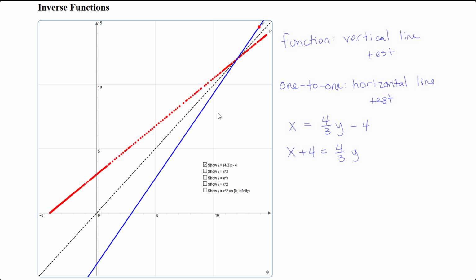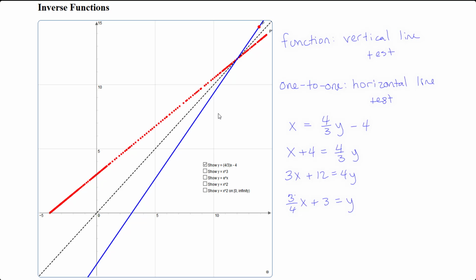If I multiply everything through by 3, that would be 3x plus 12 equals 4y, and then divide everything through by 4, I have 3/4 x plus 3 equals y.